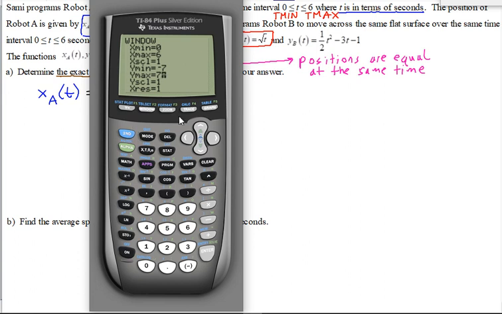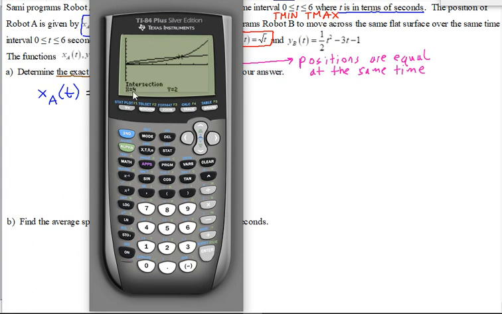And go to second calc, number 5, intersect. So there's our x coordinate of our robot A for 6 seconds, and then there's the x coordinate for robot B. And you can see there's one place right here where they intersect, and then first curve enter, second curve enter, guess, enter.